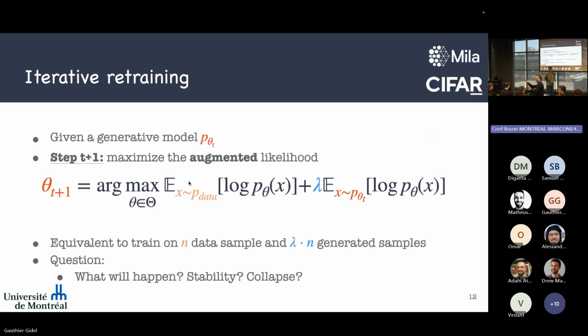Up to the finite sum aspect, it's the same. So basically, on the left, you have the expectation with an empirical distribution. And on the right, you have the expectation with respect to the true distribution p theta t. And having a lambda between them is not the same thing as sampling lambda n and working with that. This is a noisy estimate of this objective. Yeah, up to statistical noise, it's the same thing.